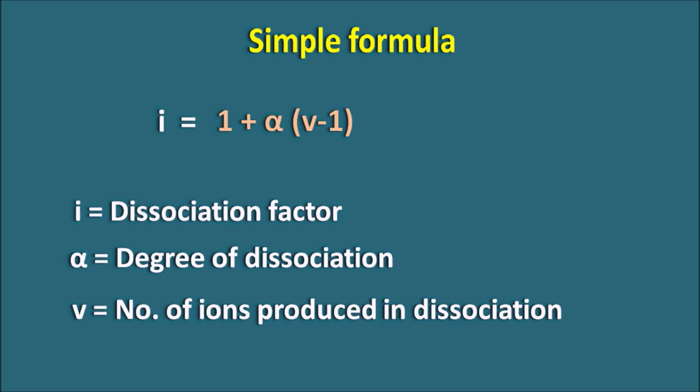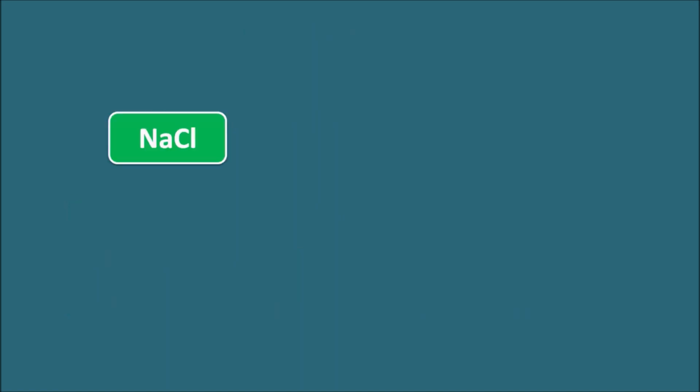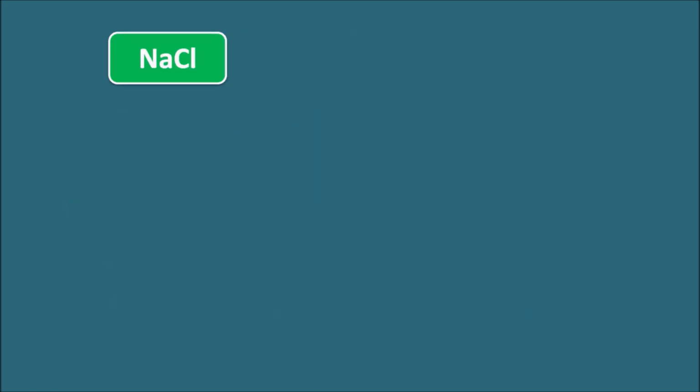Now by using this simple formula, let us calculate the dissociation factor for various types of electrolytes. Let us take sodium chloride, the previous example, which is undergoing 80% dissociation. We got the value as 1.8, and let us check whether we are getting the same result by using this simple formula. So now i is equal to 1 plus alpha, which is given as 0.8, into v.